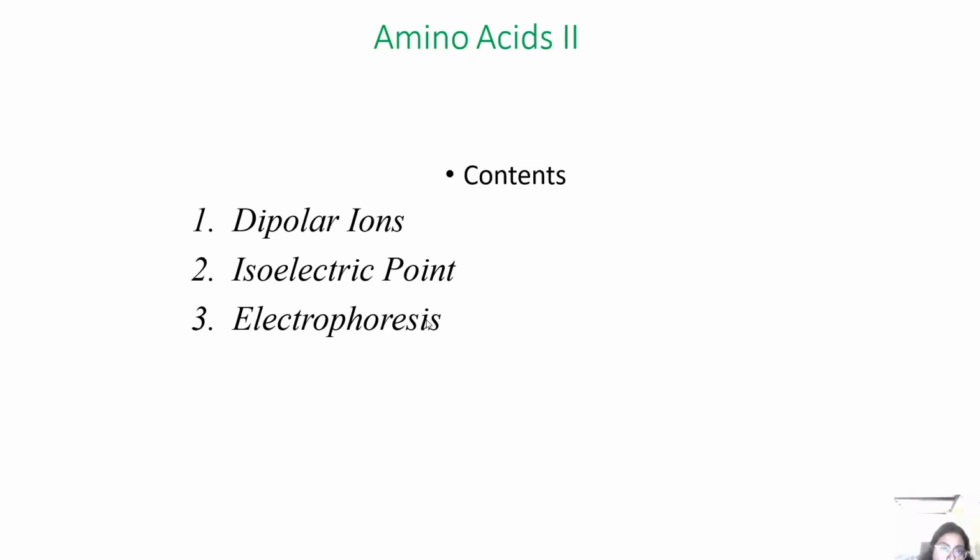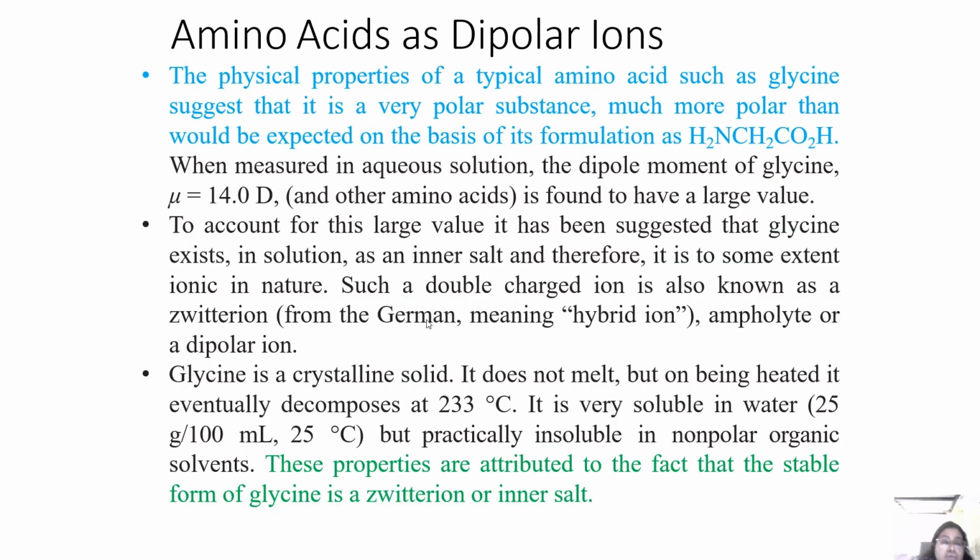First we'll discuss a little bit about dipolar ions, isoelectric point and electrophoresis. We have discussed a lot about isoelectric point in the case of amino acids, but we have not discussed electrophoresis and how these kinds of experiments are carried out in the lab. The physical properties of a typical amino acid such as glycine suggest that it is a very polar substance, much more polar than would be expected on the basis of its formula.